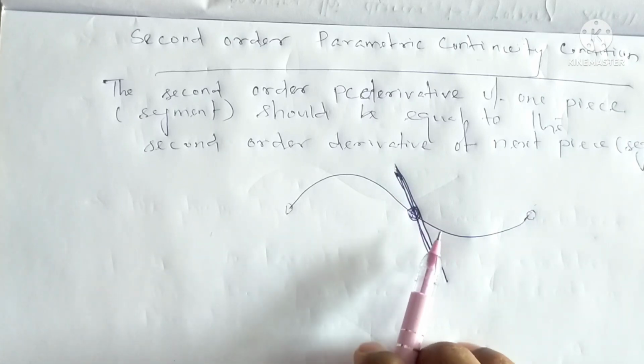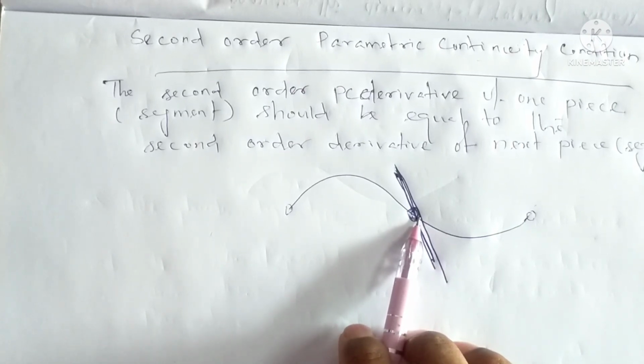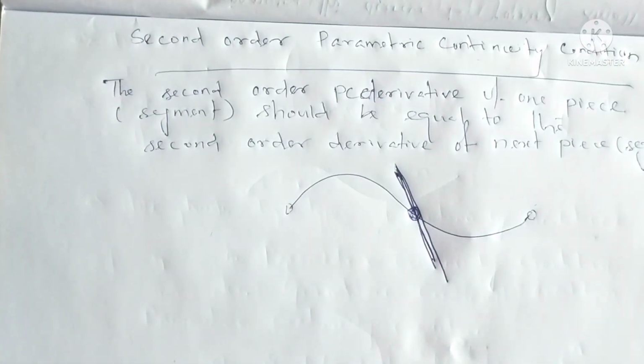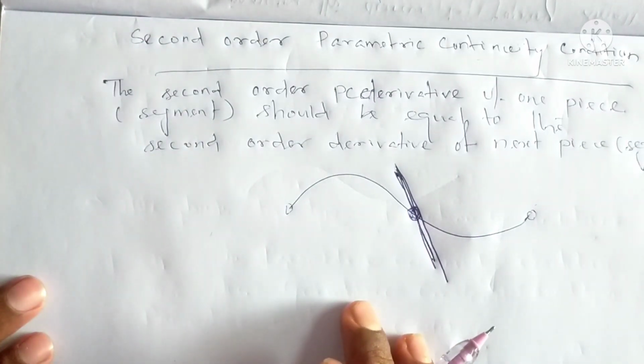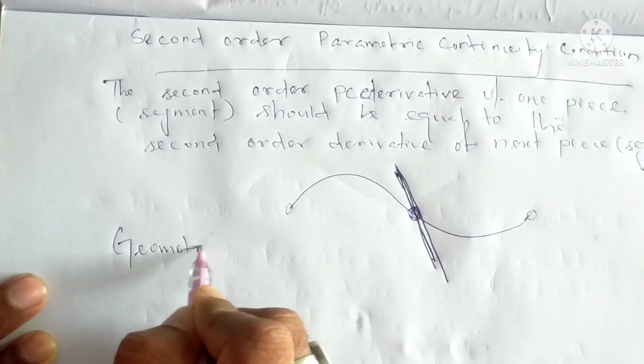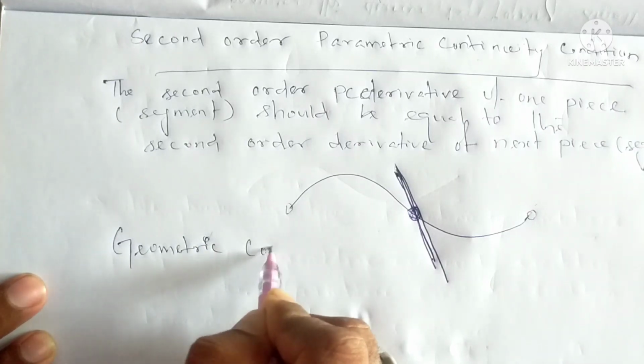If you take the second order derivative at the intersection point and both are equal, then I can say that it is following the second order parametric continuity condition. So next is the geometric continuity condition.